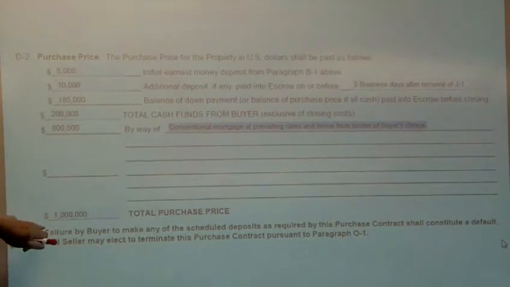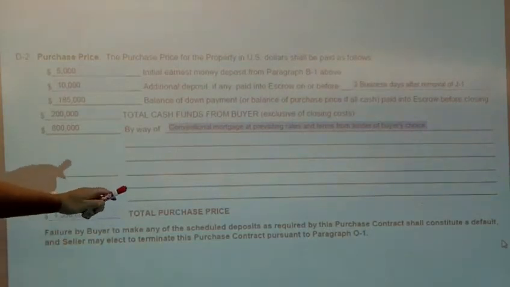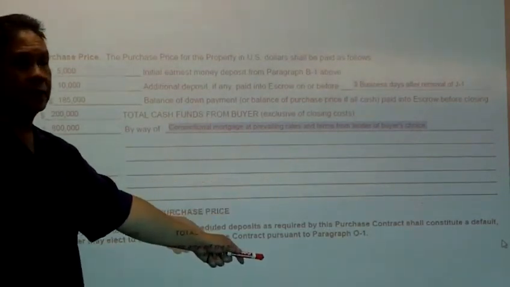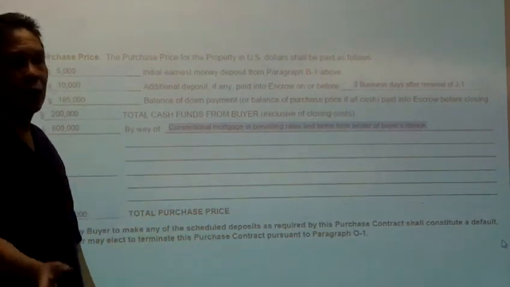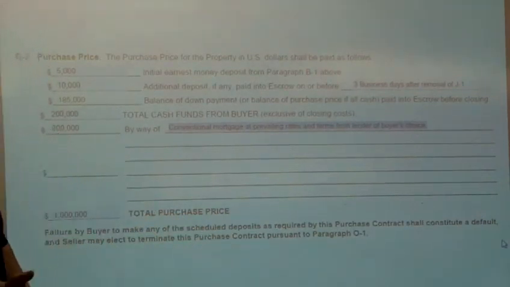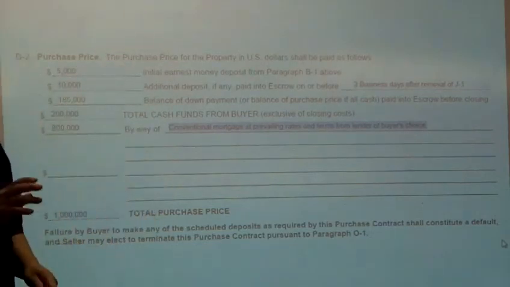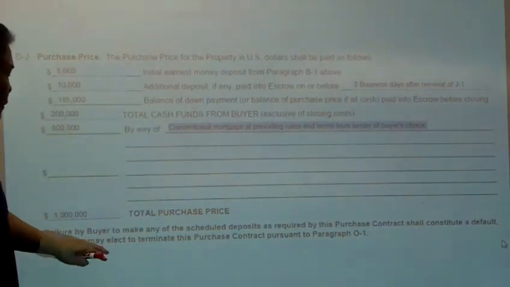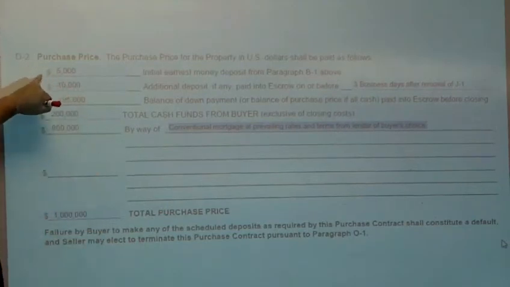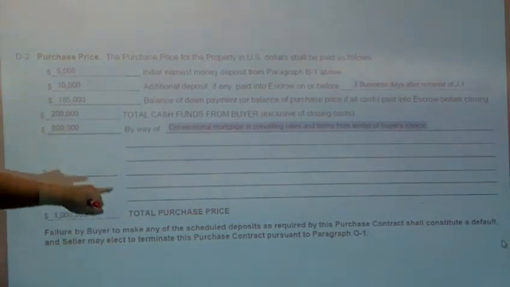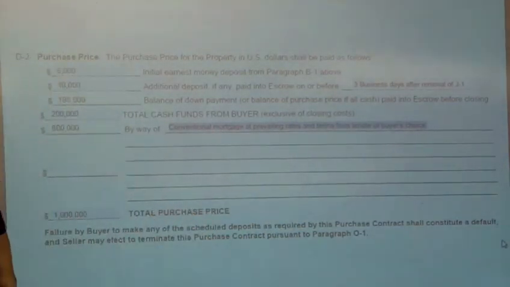It says failure for the buyer to make any scheduled deposits. That doesn't mean that they're not qualifying for the loan. If they don't qualify for the loan, that's a separate issue that will come under the financing contingency later. In this case, it's saying failure of the buyer to make this deposit or this deposit as required by this purchase contract.